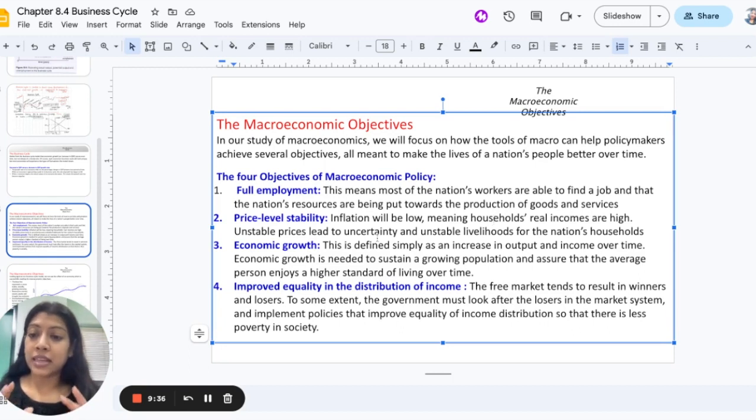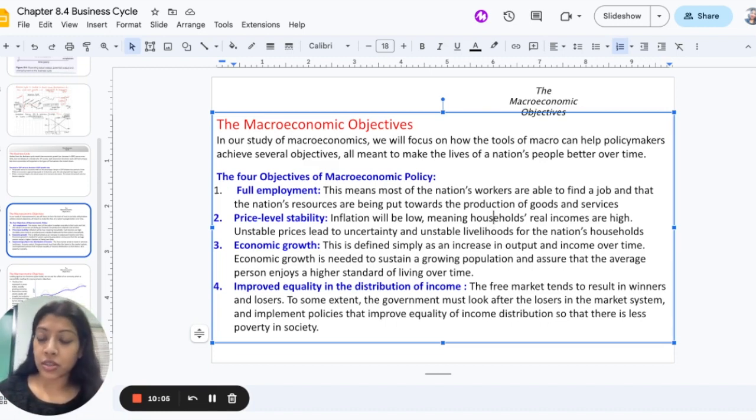Because if price levels are not stable, it will lead to uncertainty. And uncertainty is something that all economic agents, that is, all the stakeholders in any economy, try to avoid. Workers don't like uncertainty because they don't know how much their income will be worth. Consumers don't like uncertainty because they don't know what prices they will be paying.